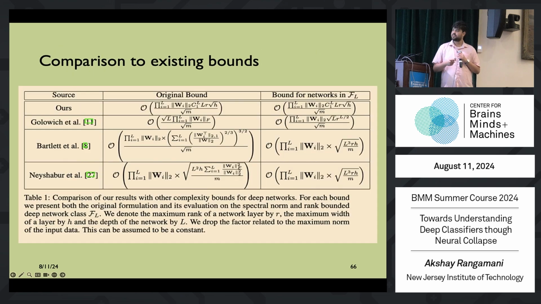Okay, so how do we compare to existing bounds? If you restrict yourself to the class of low rank deep networks, we do a lot better than the existing bounds.